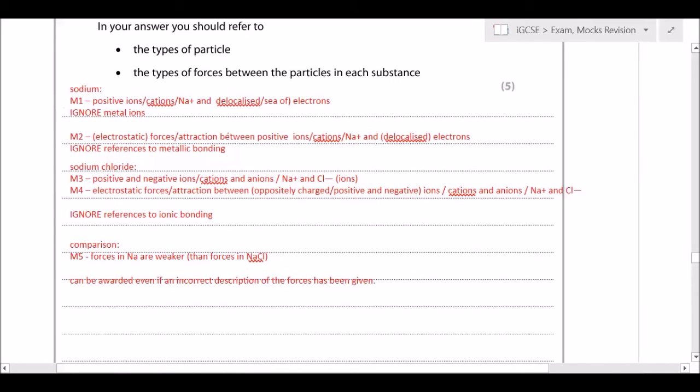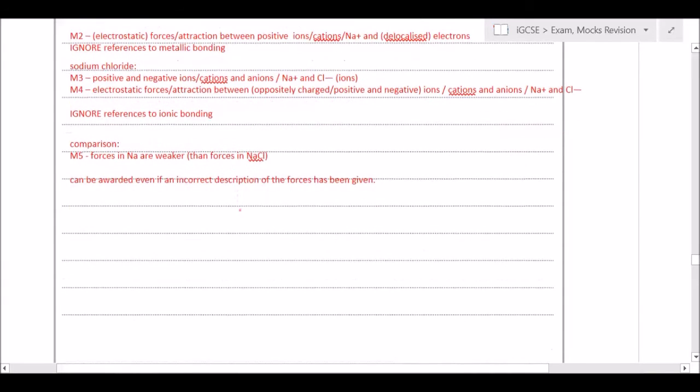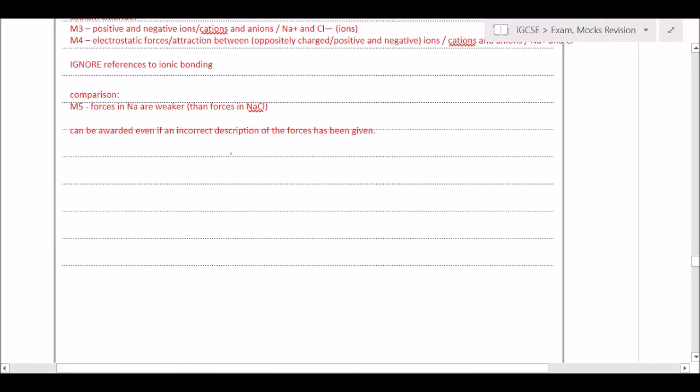I should say sodium's metallic, so the electrostatic forces are between the positive ions and the delocalized electron cloud. And then you make a comparison. Forces in sodium are weaker than forces in NaCl. Okay, if you started to talk about covalent or intermolecular forces or sharing, you would lose marks. Intermolecular forces have nothing to do with ion bonding.